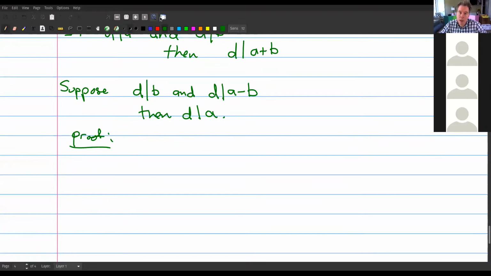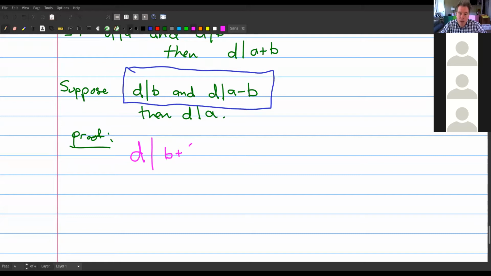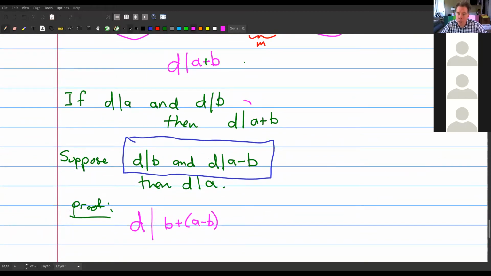So look at the assumption. We're assuming that d divides b and d divides a minus b. Then by what we did above, d must divide the sum of those two things. So d divides b plus a minus b. That's just because of this statement, which I was hoping we would all agree was true.